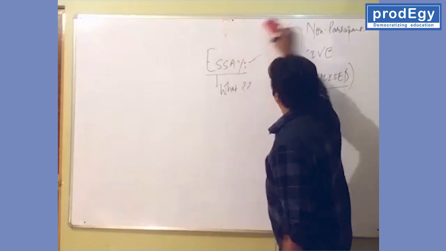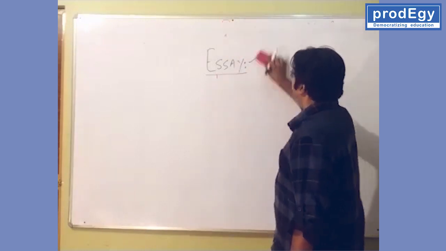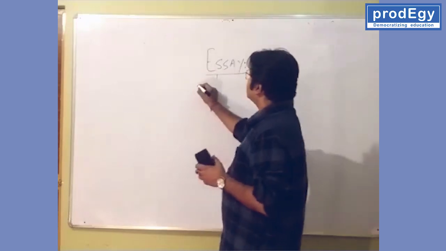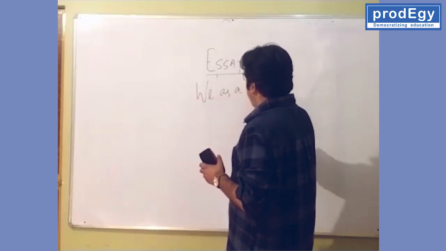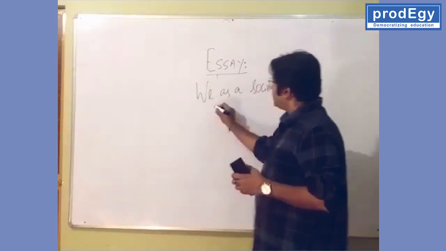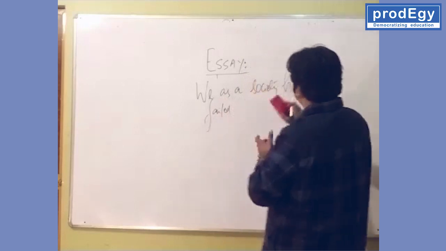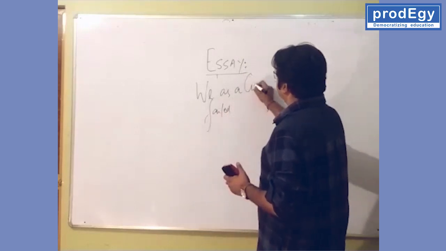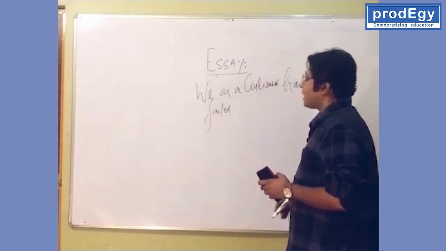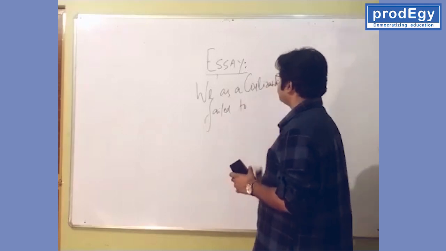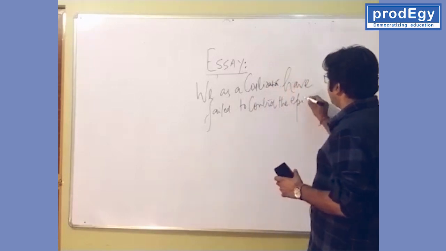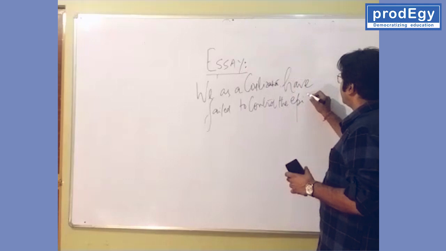Let me write it so that you can get the cue, because this session is going to be in many parts. It is not just in one day that you learn how to write a good essay. So let's say: we as a society have failed, or let us make it broader, we as a civilization have failed to control the global or universal epidemics.